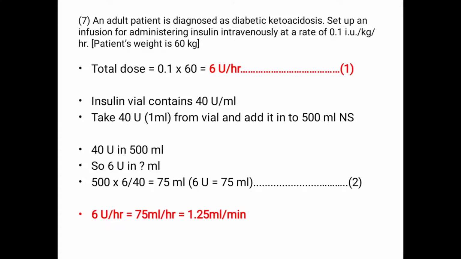So 6 units is equal to 75 ml. After we convert this by dividing by 60, our final answer will be 1.25 ml per minute.